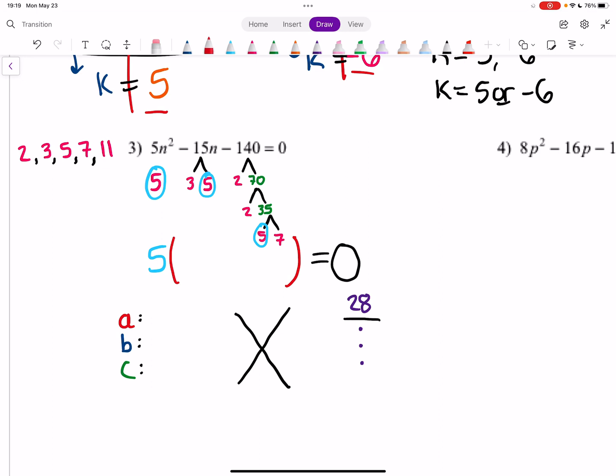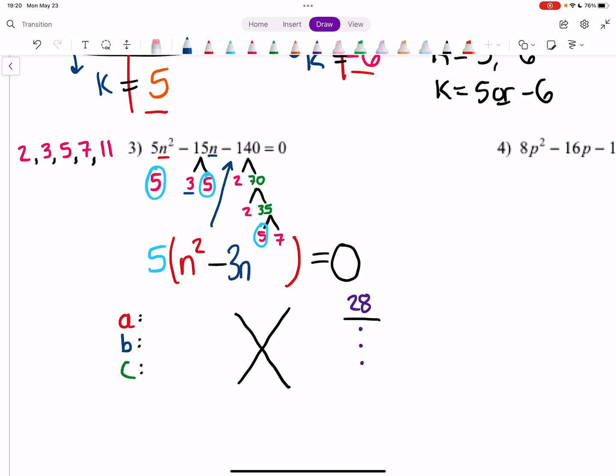Now, looking at my very first term, I had an n squared that stayed, right? I took that 5 out, and so I still had n squared. Take a look up there to see what I'm going to separate with. I'm going to separate with a minus sign because that's what my original problem had. In that middle term, we can see that I'm left with a 3 and an n. So 3n.